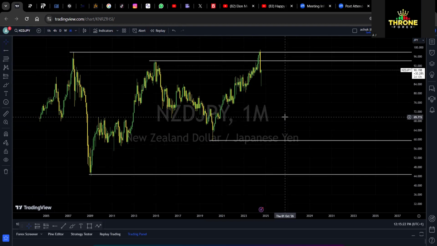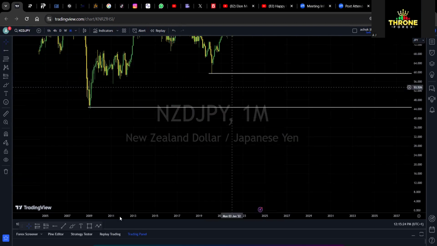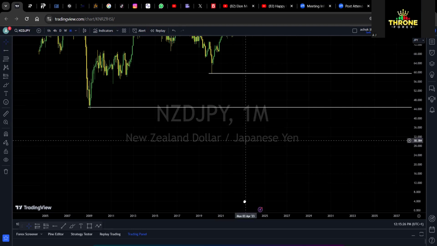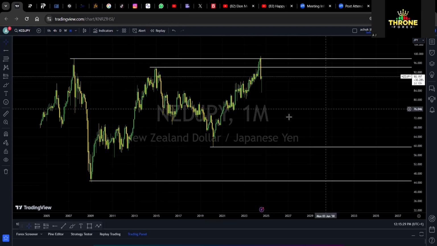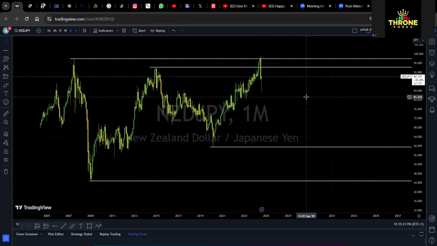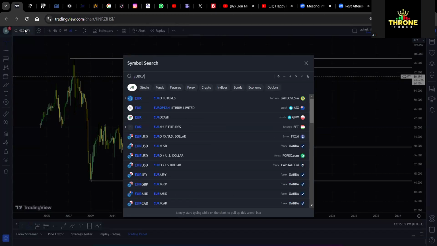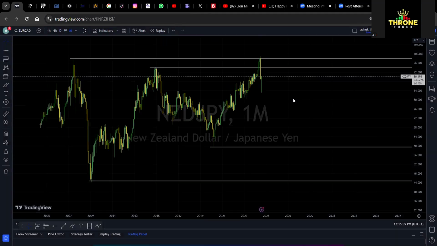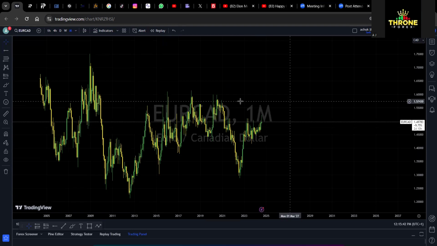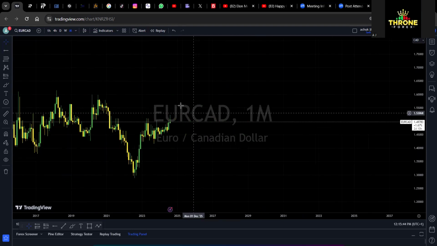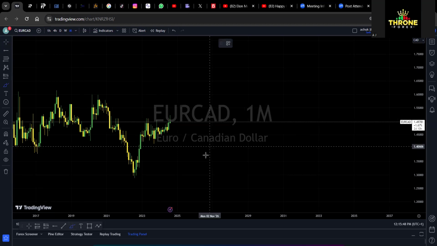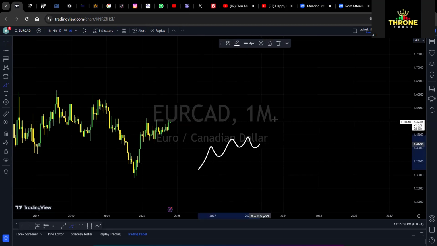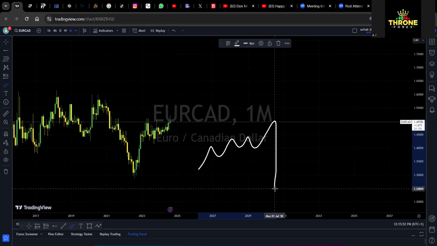So once you have this, then the next concept is using PD, price difference, to mark our possible resistance and support formation. So let me go to EuroCAD and explain that. Again, I'm going to use Oanda. So EuroCAD on the monthly. So what you want to see is a scenario whereby the market has been going up, and then all of a sudden you have a very strong break.